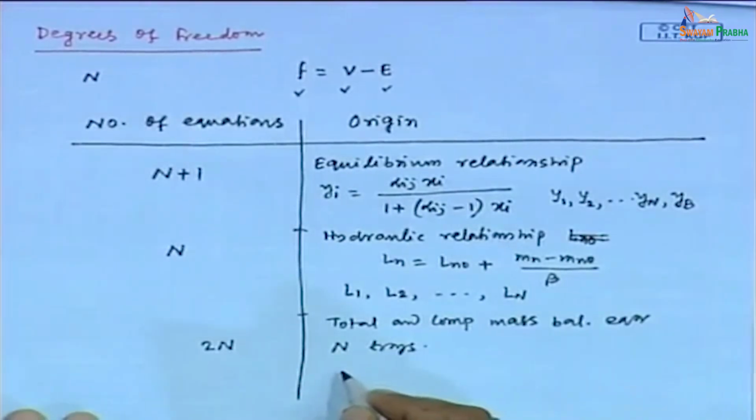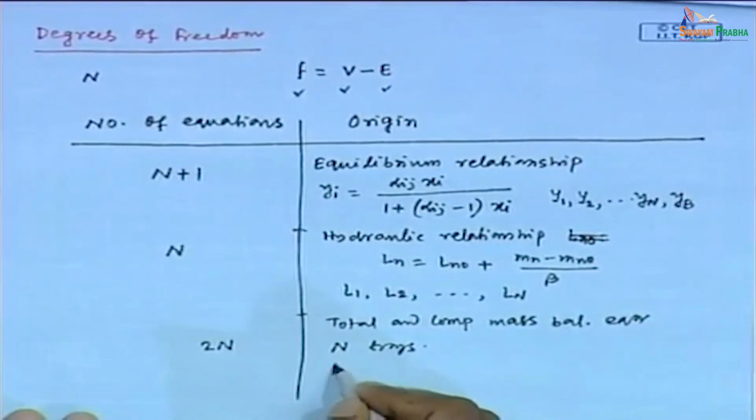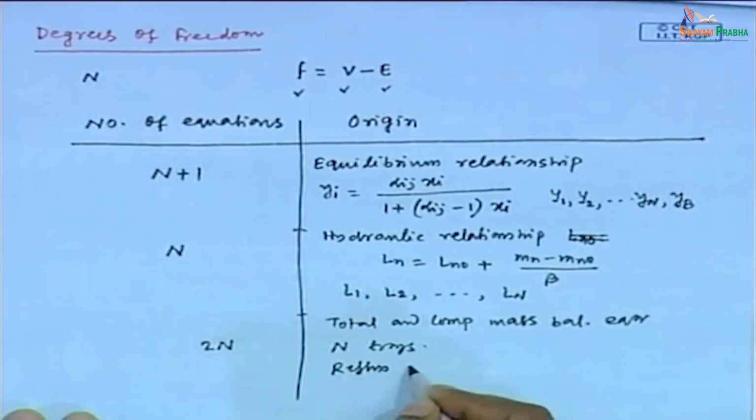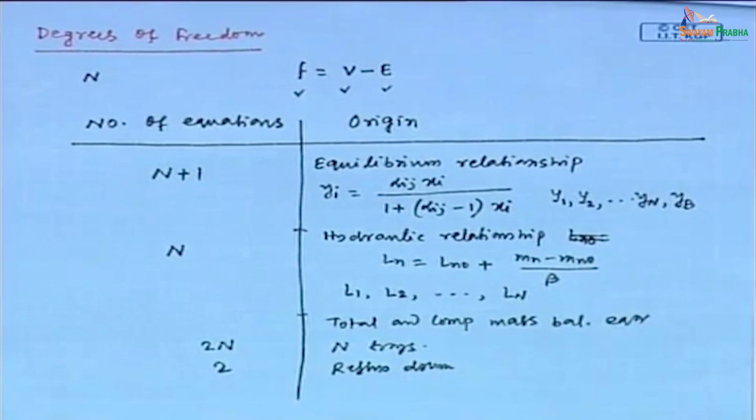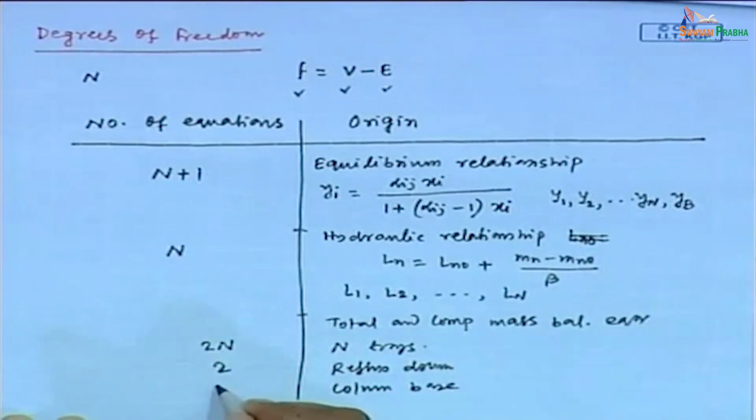Next, we will consider the reflux drum. Number of equations 2. Similarly, for the column base, number of equations 2, one component and another one total mass balance equation.